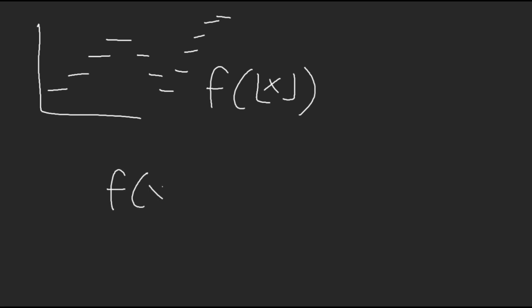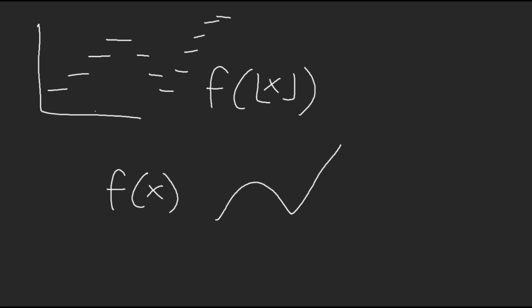And whenever we have some function in terms of this, then you get some weird curve functions. Like, assuming this function looks like this, then the floor function would be like this, but with integers.